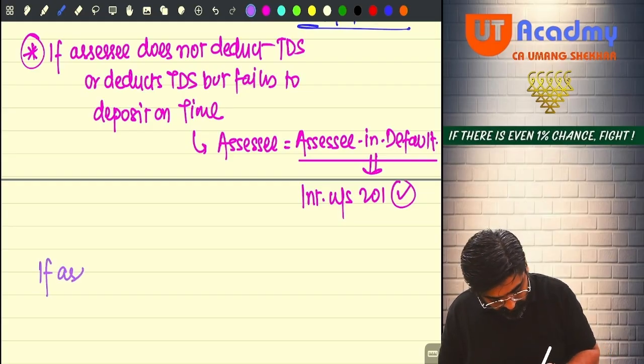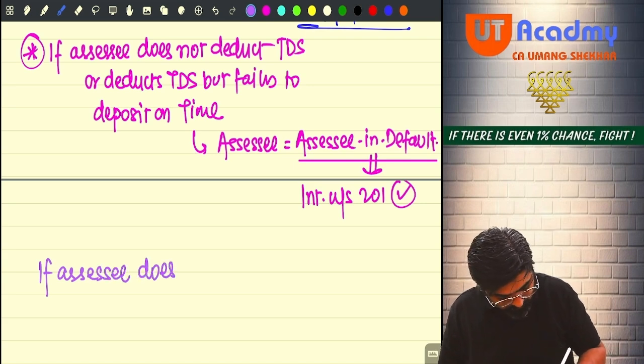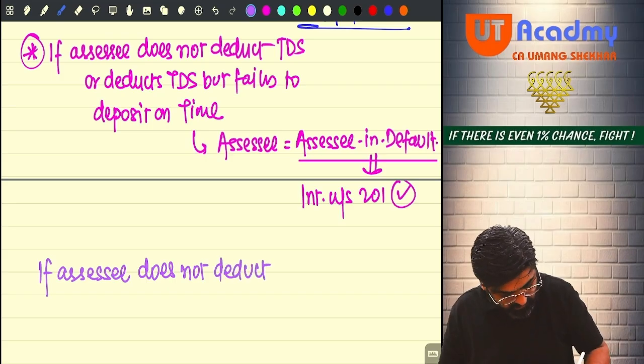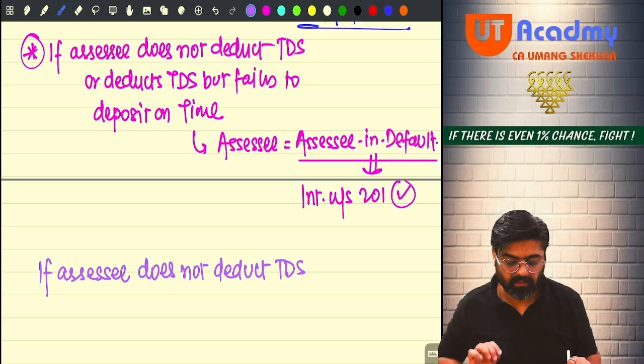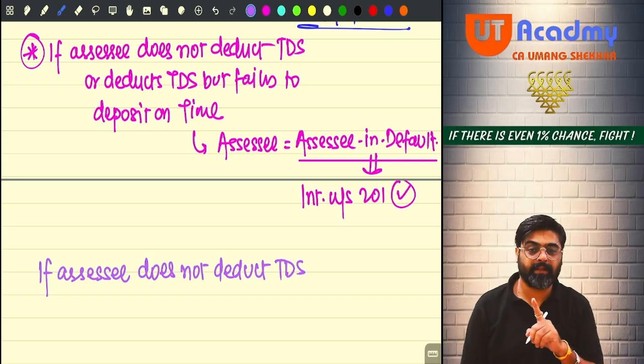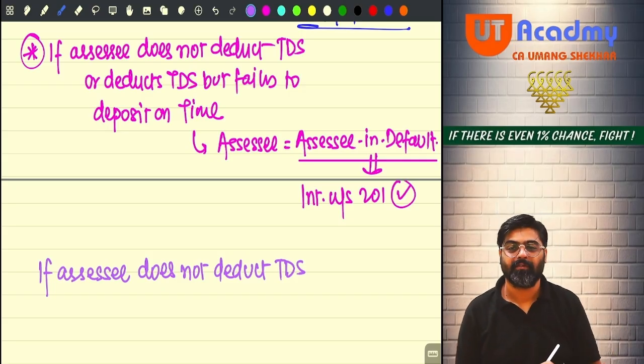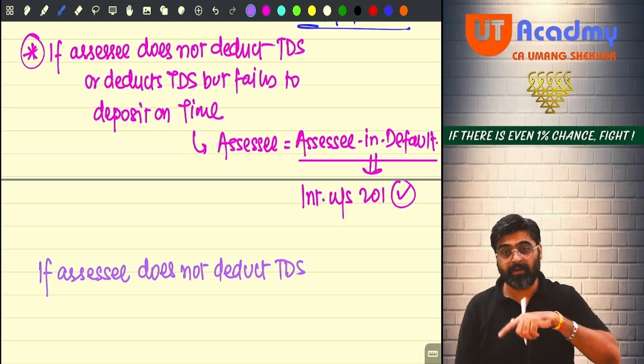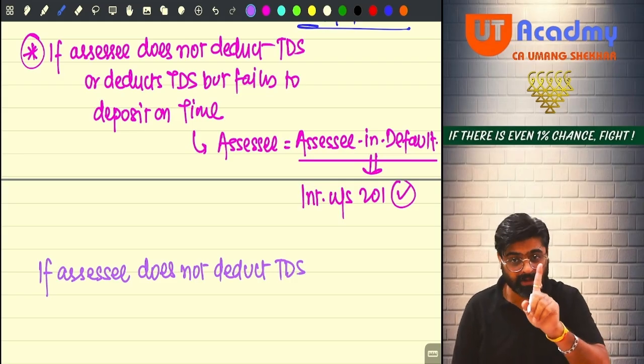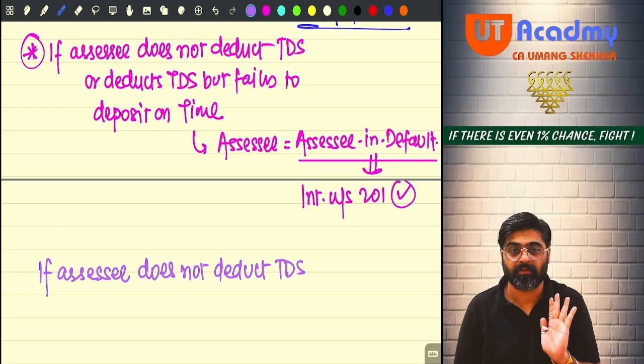If the assessee does not deduct TDS, I'm not writing anything after this, or deducts but fails to deposit, I'm not writing that. I'm writing only does not deduct TDS. Okay.